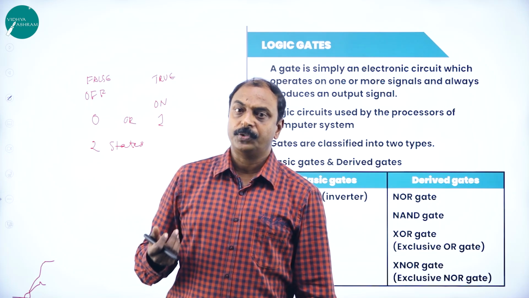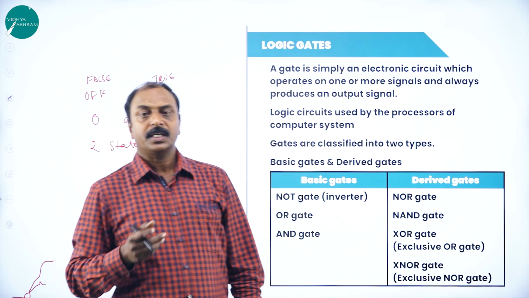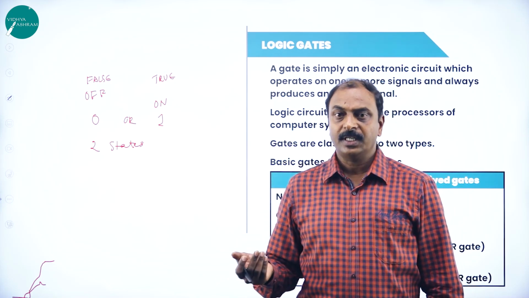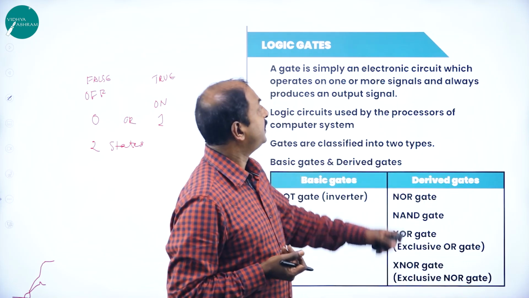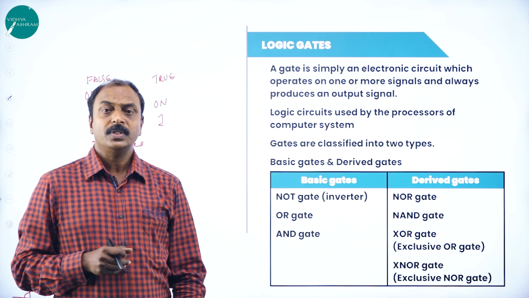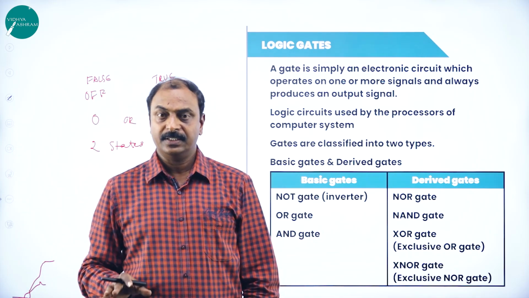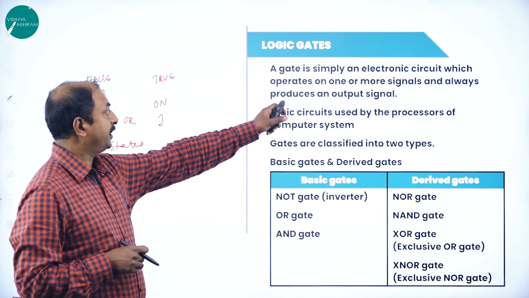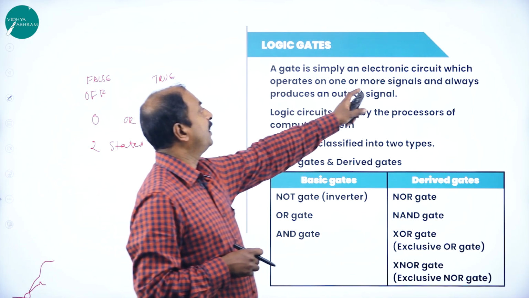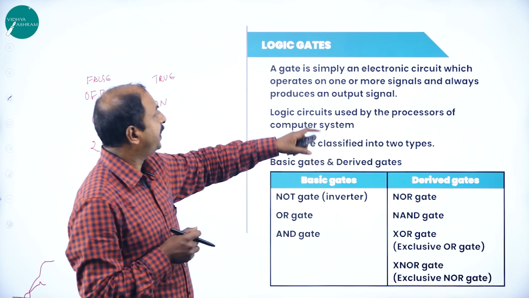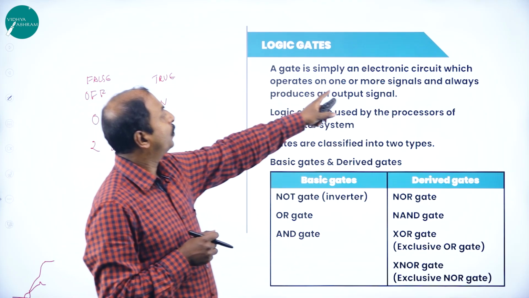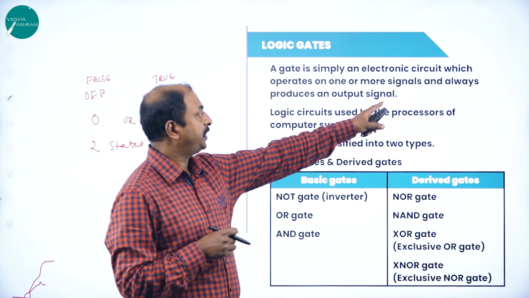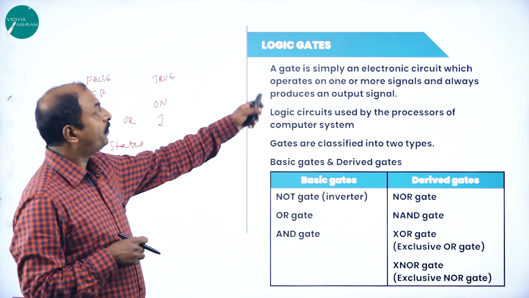That is how the computer processes the data and produces the result, using these electronic circuits through electronic signals or digital signals. So that is the definition of a gate. A logic gate is an electronic circuit which accepts one or more input signals and always produces one output signal.